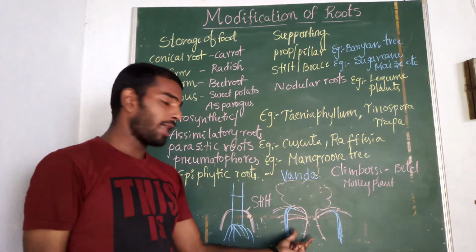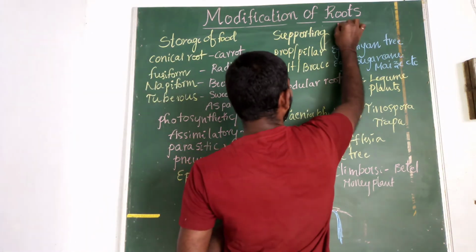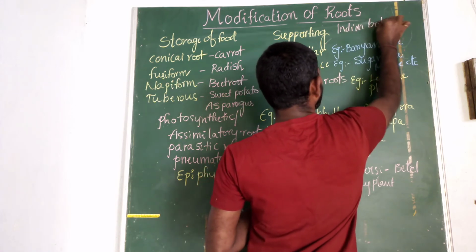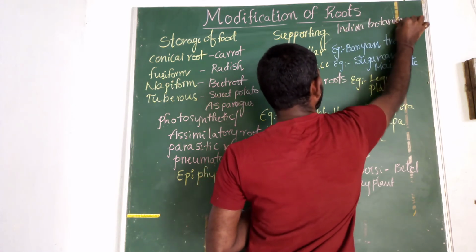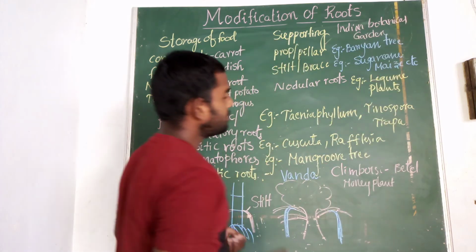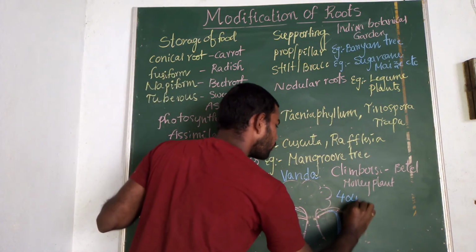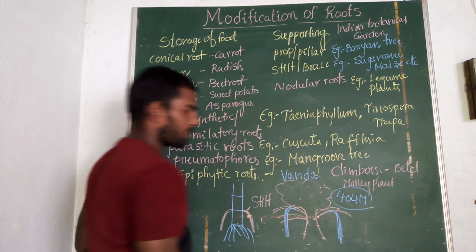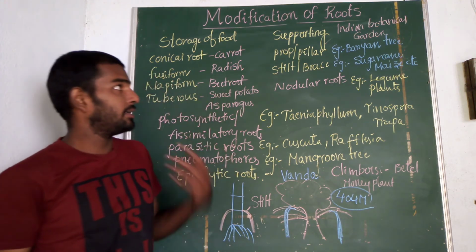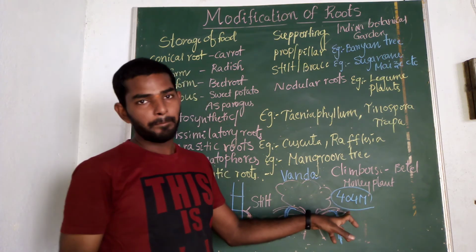That's why these roots are called prop roots. In the Indian Botanical Garden located at Kolkata, the largest banyan tree has a length of nearly 404 meters. This is a very important question for competitive exams.